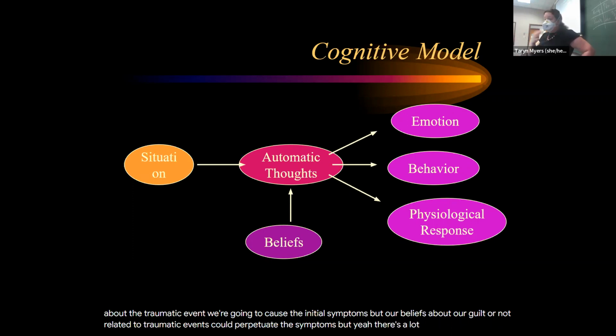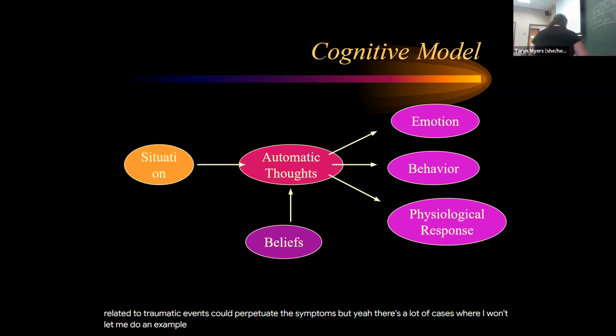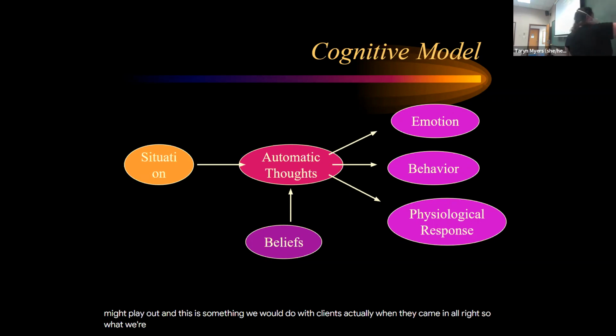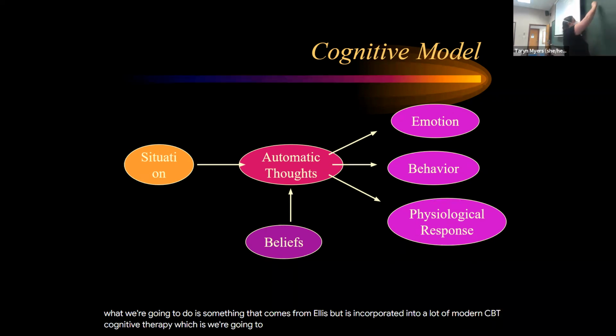But yeah, there's a lot of cases where, let me do an example with y'all. This is one of my favorite examples, just to give you an idea of how this might play out. And this is something we would do with clients when they came in. What we're going to do is something that comes from Ellis, but is incorporated into a lot of modern CBT, cognitive therapy, which is we're going to do an ABC sheet.